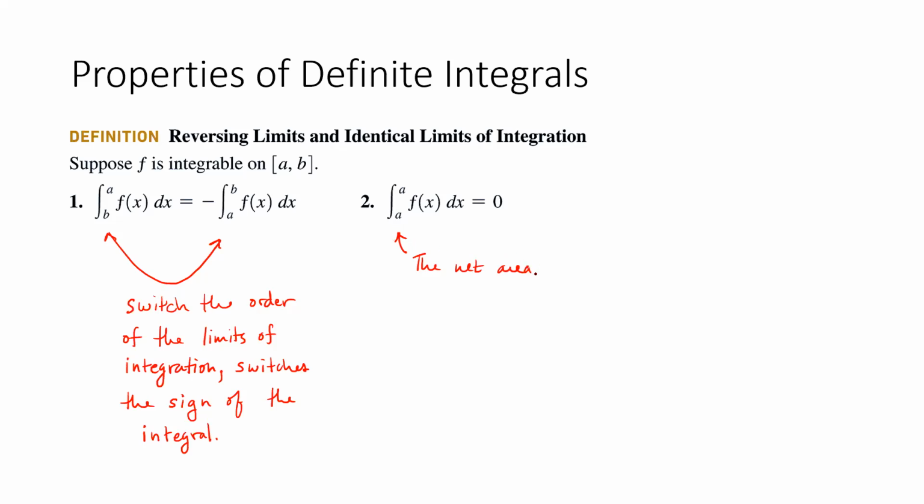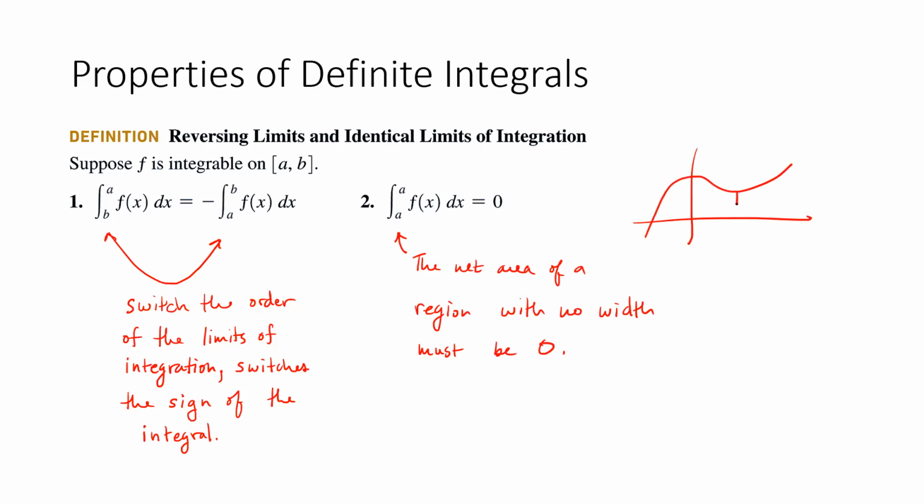So the net area of a region with no width must be 0. So whatever the function is, it doesn't matter. If I'm looking at just a single point there, the region that it represents has just a single point. So it's got no width to it. Its width is 0.